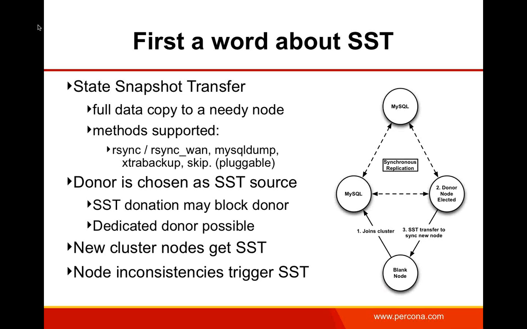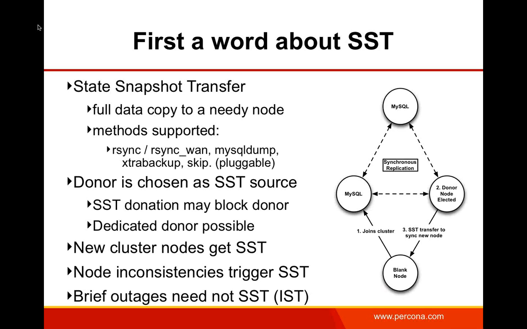If a node gets out of sync for some weird reason, corruption, something like that, then it'll fix itself via SST. If a node does experience a brief outage, it doesn't need to do a full SST, a full state copy. Instead, it does an incremental state transfer, which is the IST. I'm not going to go into a lot of detail about how the mechanism works, but just know that it does exist, and you don't have to do full SSTs all the time.